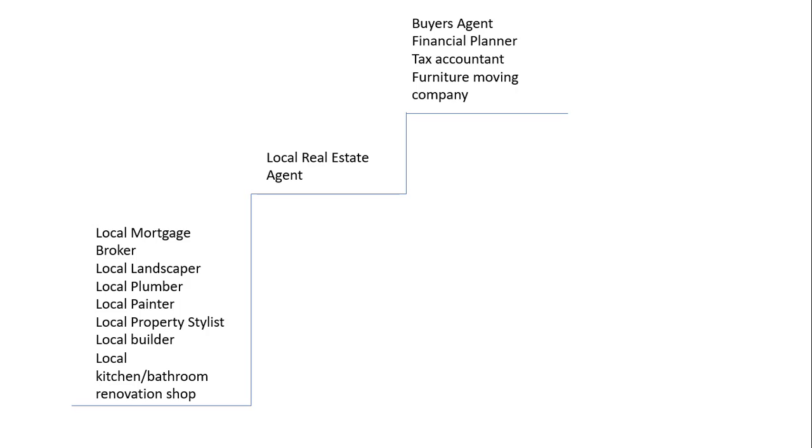What next? They may need a buyer's agent, because they may be looking to buy in your area. They may need a buyer's agent to help them, and they may need to talk to a financial planner.